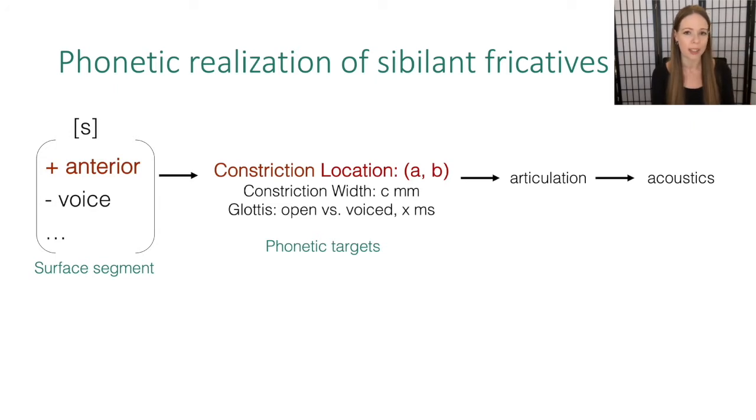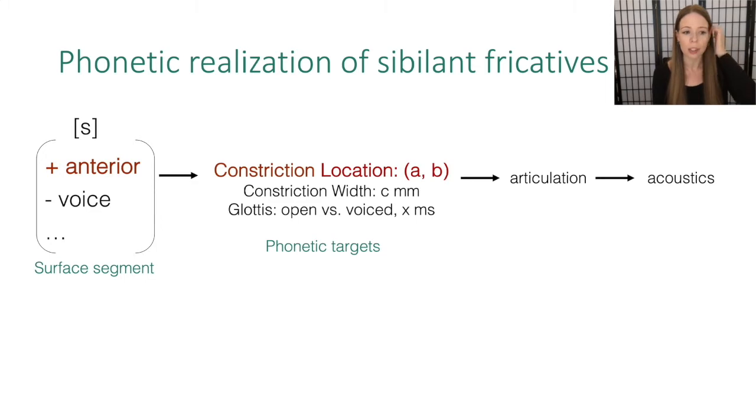So we have plus anterior, which indicates the place of articulation, minus voice, which indicates the voicing status. These are then mapped to more precise phonetic targets that, again, here we're specifying articulatorily, though they could be perceptual motor, they could be auditorily specified. We think in this case it makes sense to use articulatory targets, but open for debate.